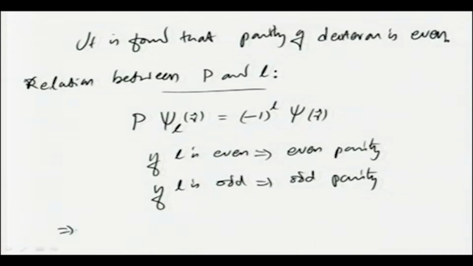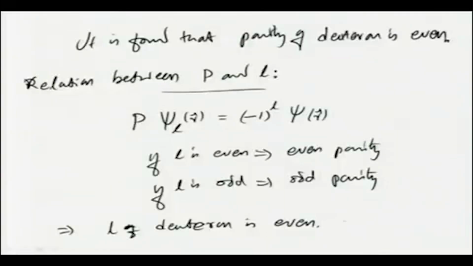So, that will tell us that L of the deuteron is even, because its parity experimentally is found to be even. Therefore, L is an even integer, and that tells us that L equal to 1, which we said earlier is a possible value of L for the deuteron, is ruled out.